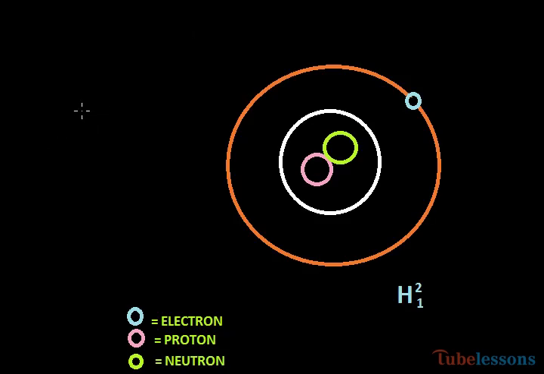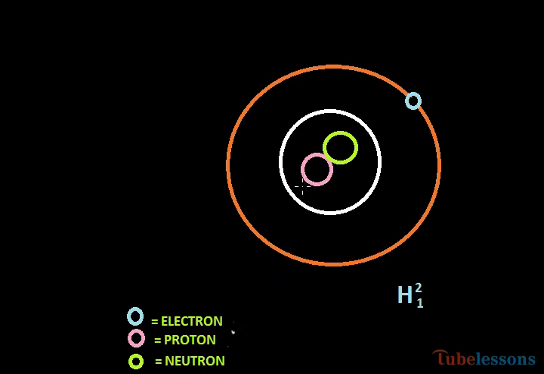Here is a picture of an atom. This picture represents an isotope of hydrogen atom called deuterium. Now, the deuterium atom contains one proton, one electron and one neutron.